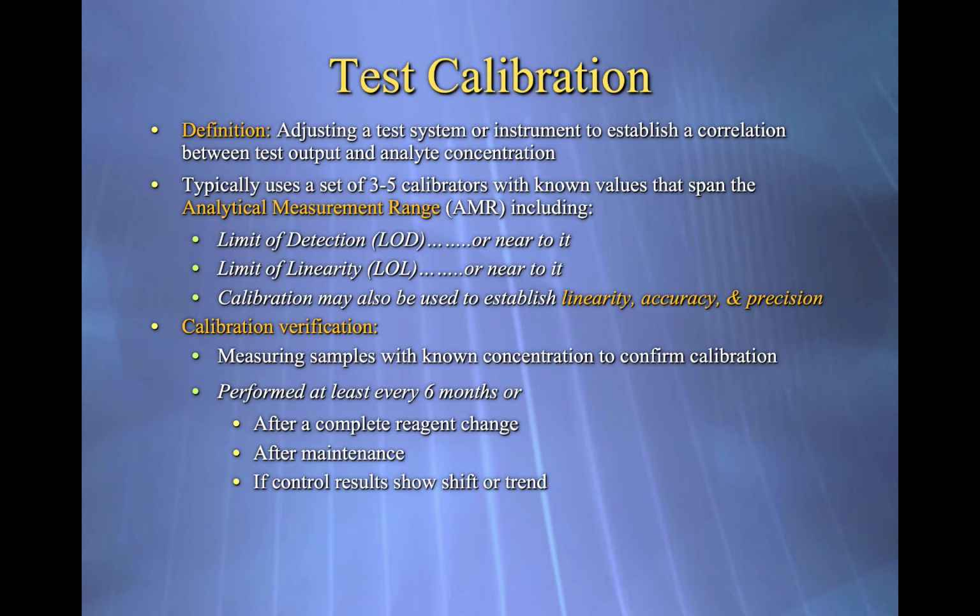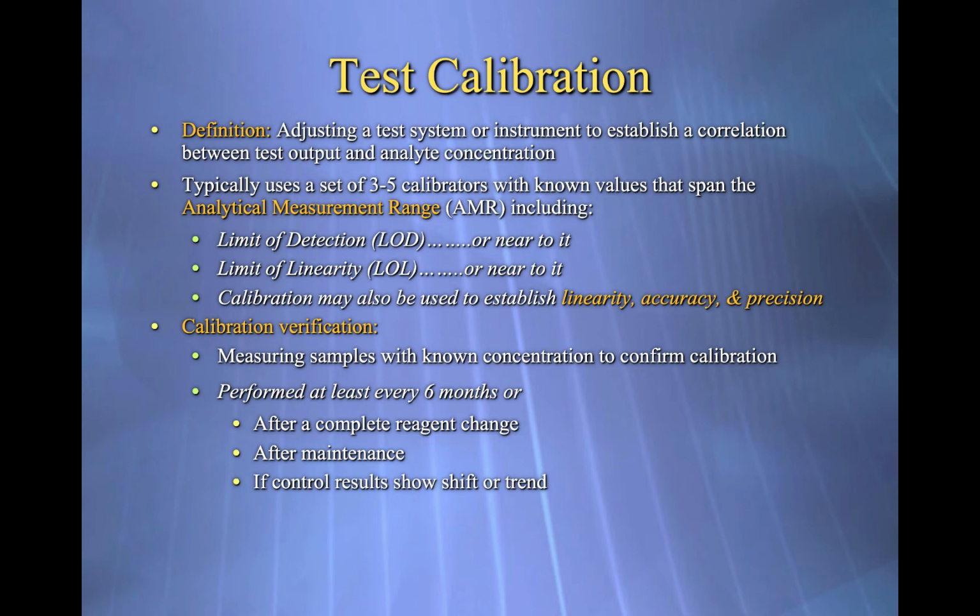I say very near to it because in a lot of laboratories, if I say, gee, my limit of linearity is at 100, but I've only got a calibrator that goes to 90, I probably should stop at 90 and just not report anything at 100, even though I think the assay can do that, simply because I don't have anything that controls out there.